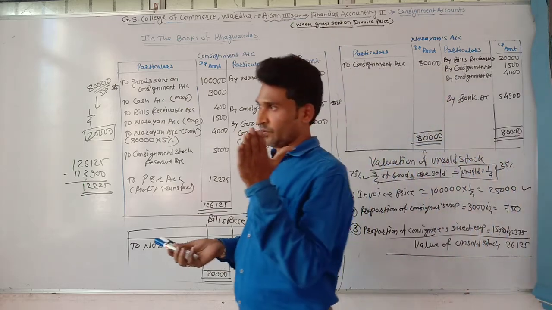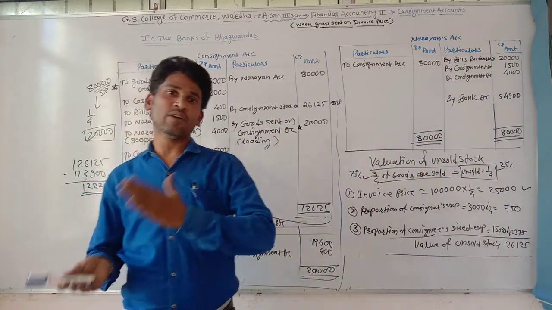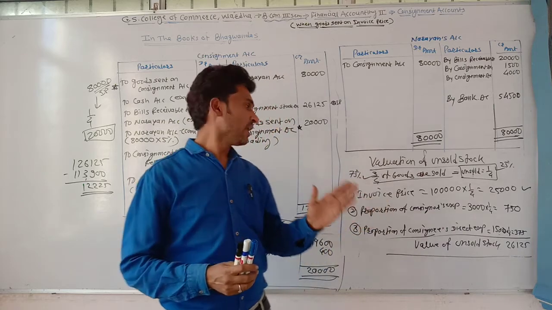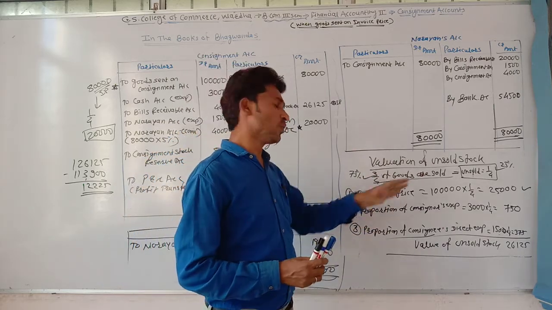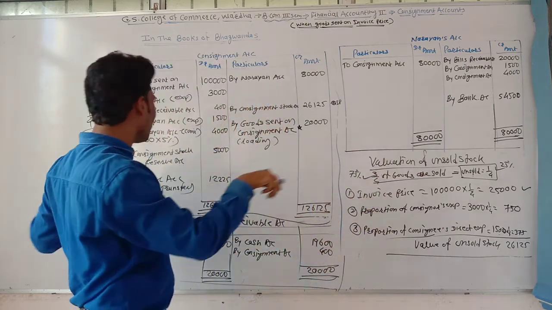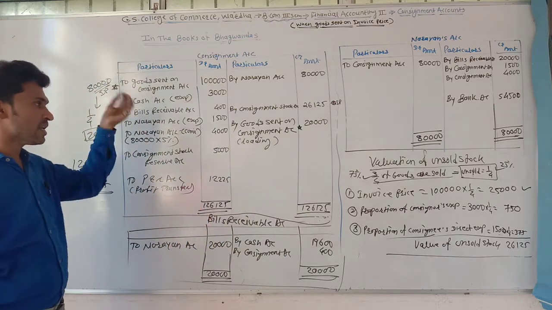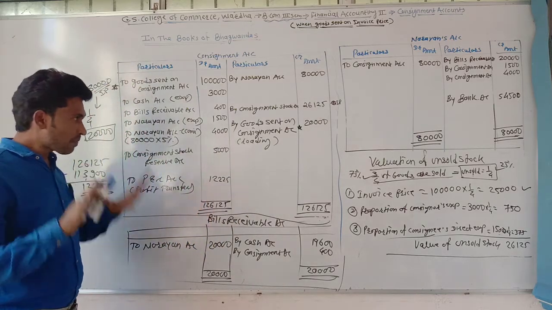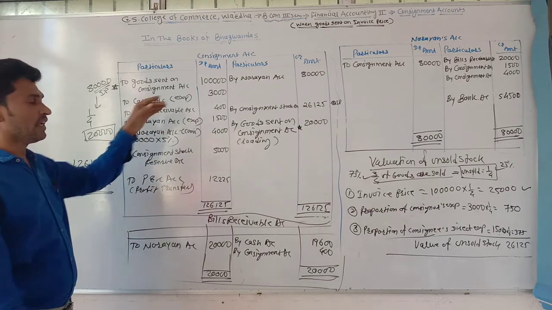So when it makes the total accounting treatment, at that time it keeps the suspense and writes the amount as per the invoice price.